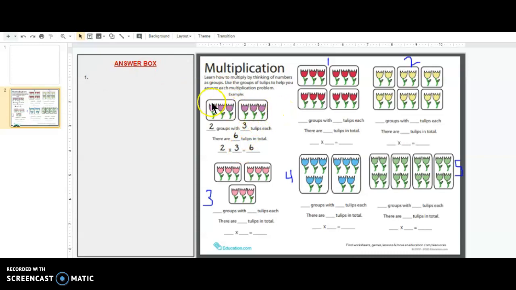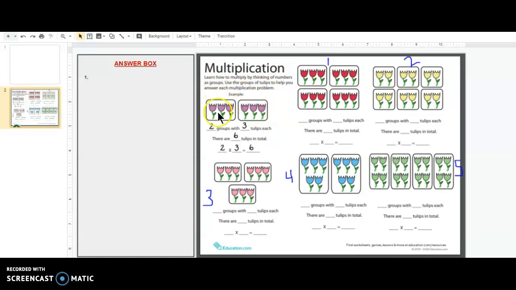So remember, let's go ahead and read this little section here. Go ahead and follow along. Learn how to multiply by thinking of numbers as groups. It has to be a group. Use the groups of tulips, these little flowers, to help you answer each multiplication problem.